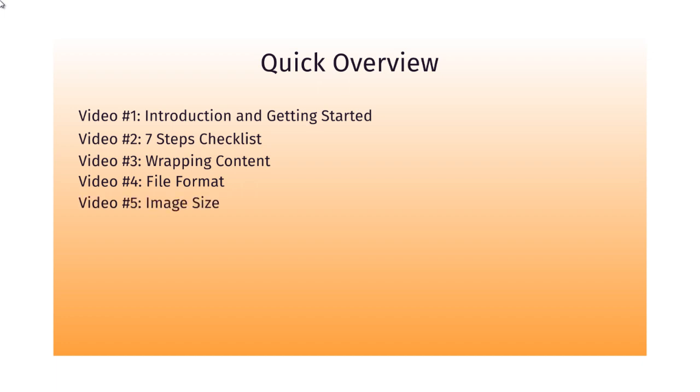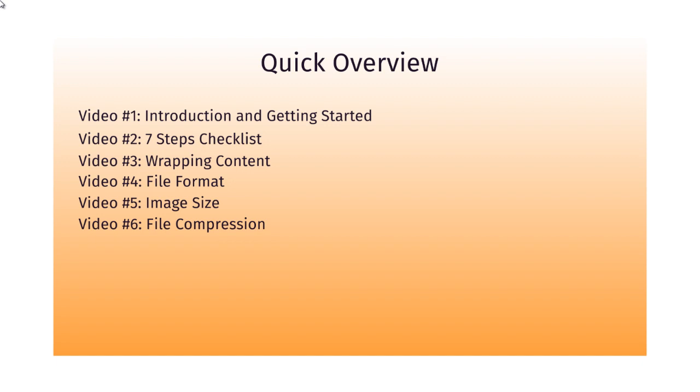Video number 5, we'll talk about image size. Something you're going to notice is that, depending on the niche, different sizes can change, and you may notice that Google likes specific image sizes. So depending on your niche and your research, which I'll show you step by step, you're going to need to figure out how to resize them.